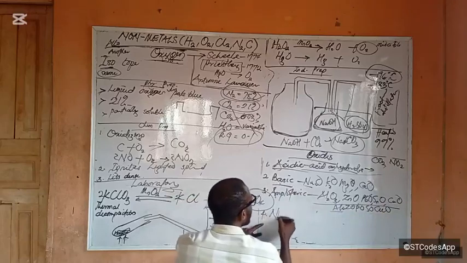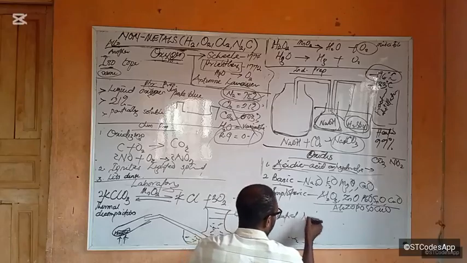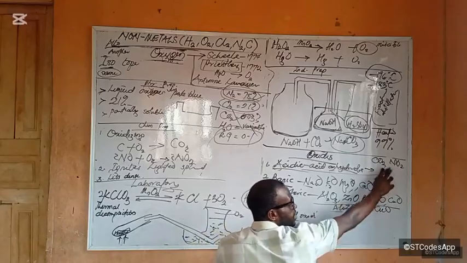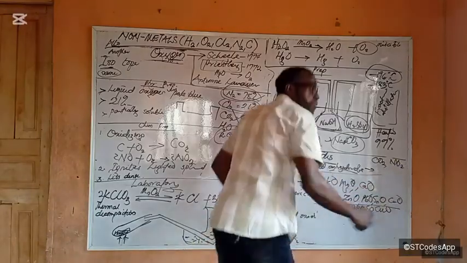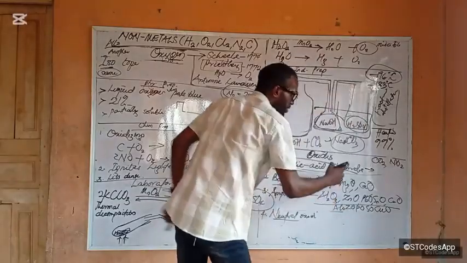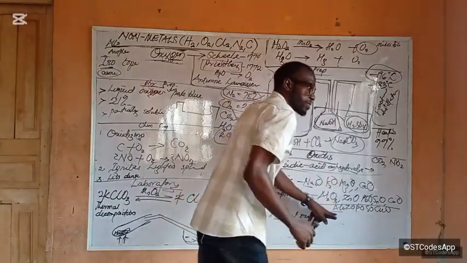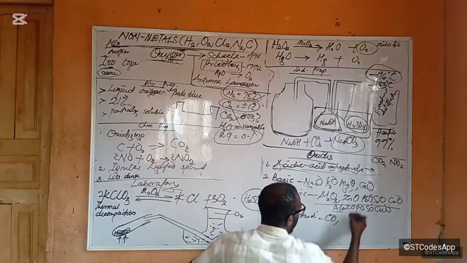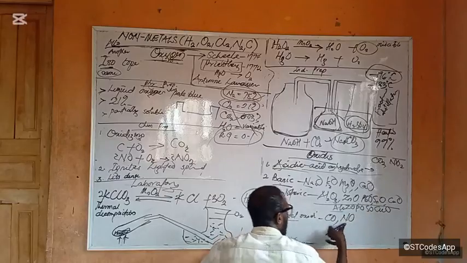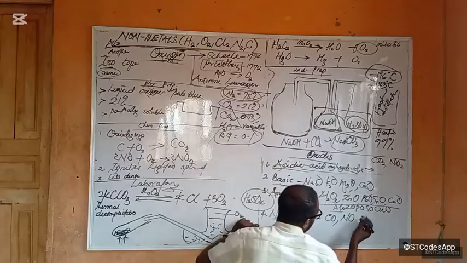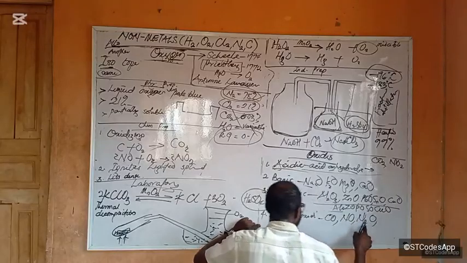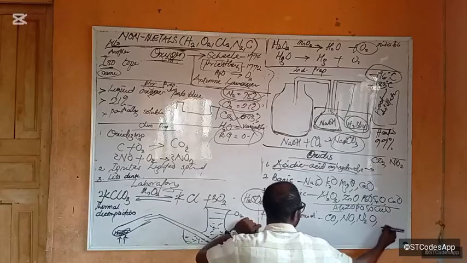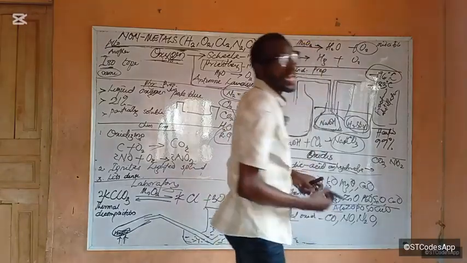Then number 4 is neutral oxides. I'm trying to juxtapose them. The neutral oxides are the lower oxides of the non-metals. For example, carbon monoxide is neutral, nitrogen oxide is neutral, dinitrogen oxide is neutral.